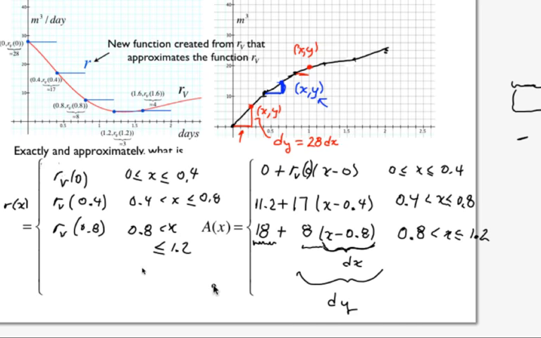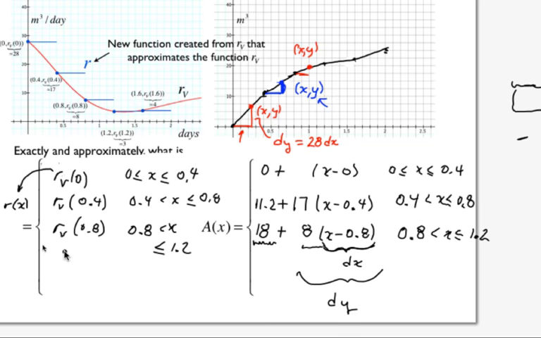Okay. But look, what is RV of 0 from 0 to 0.4? What is RV of 0 from 0 to 0.4 equals? It's just R of x, right? That's how we're defining R of x.